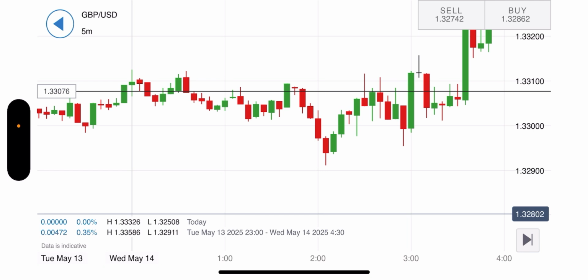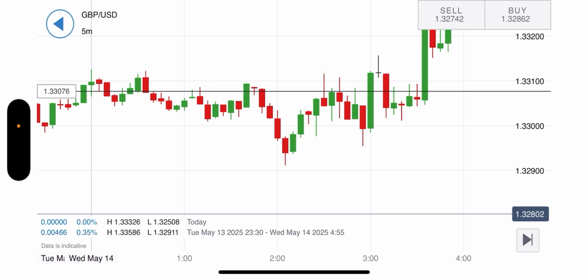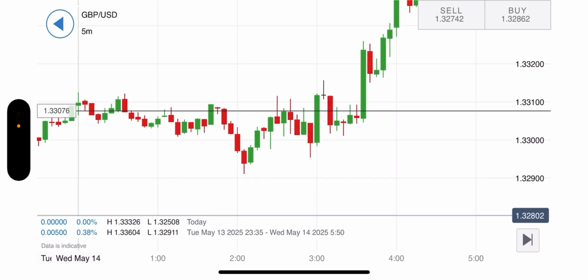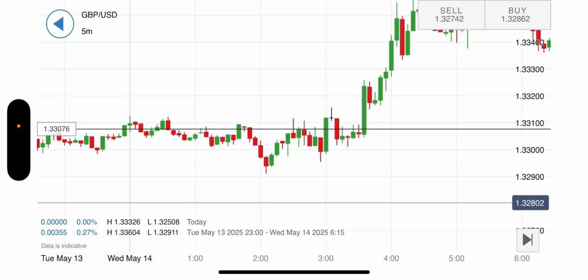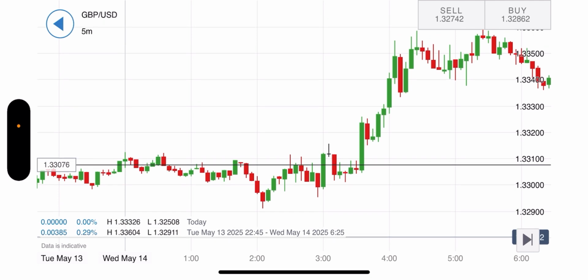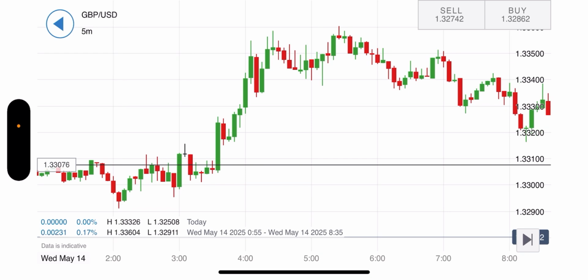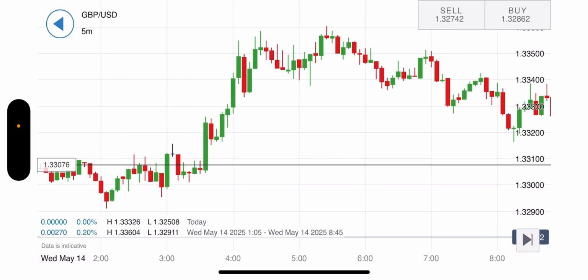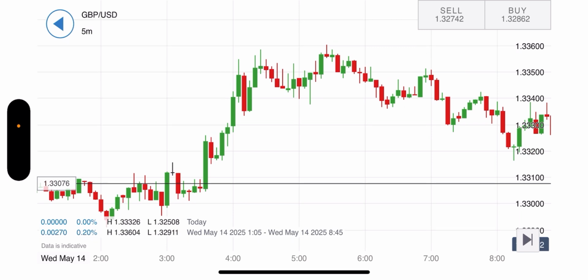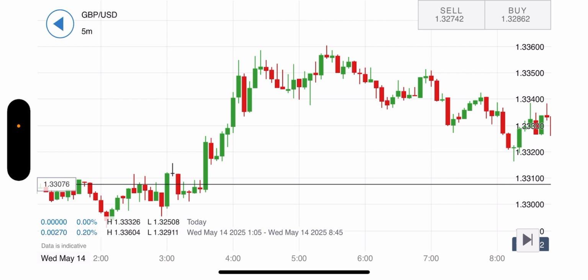Now, as the London market goes on, you can see that the price is rising and moving away. Now the price is 40 pips away, and it stays up there for some time. Remember that we have the New York market opening at 8 o'clock again. After 5:30, you can see we reached a peak with the down candle, the wick of it touching the next line, which is 133.600.